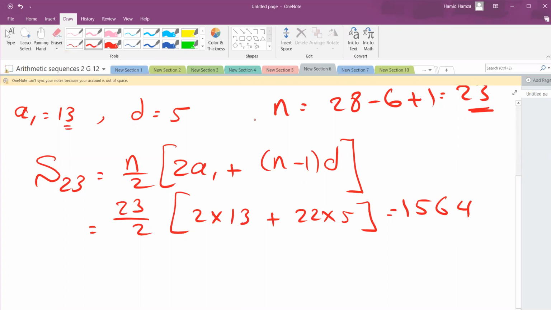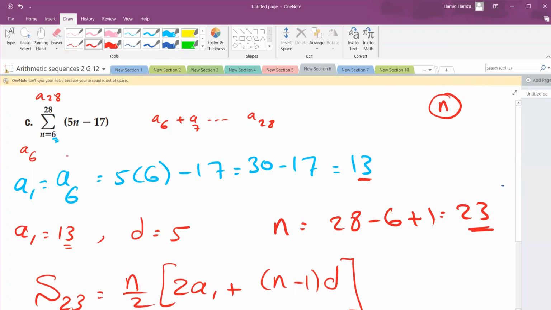So again, you wanna take this in your mind. The first term of the summation is not necessarily the first term of the series itself, because if you wanted to find A1, the first term of the sequence, you would substitute by n equals 1.